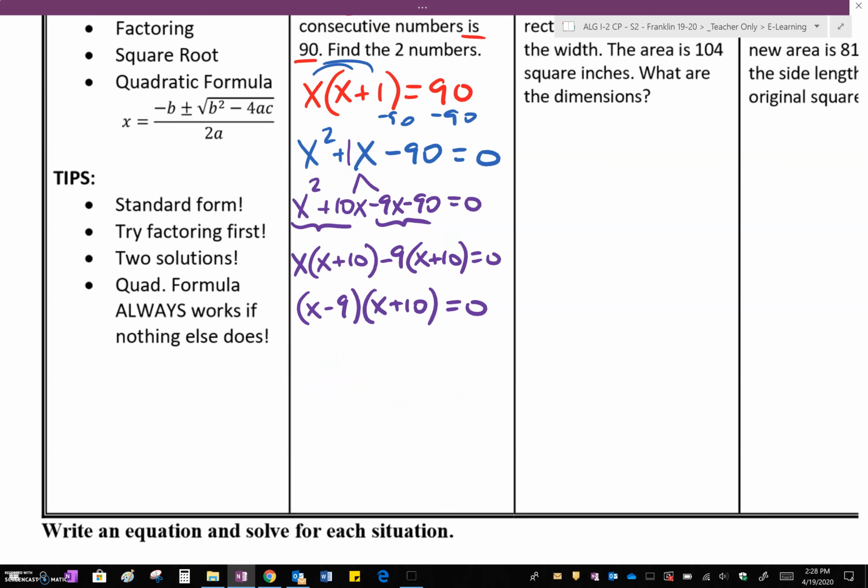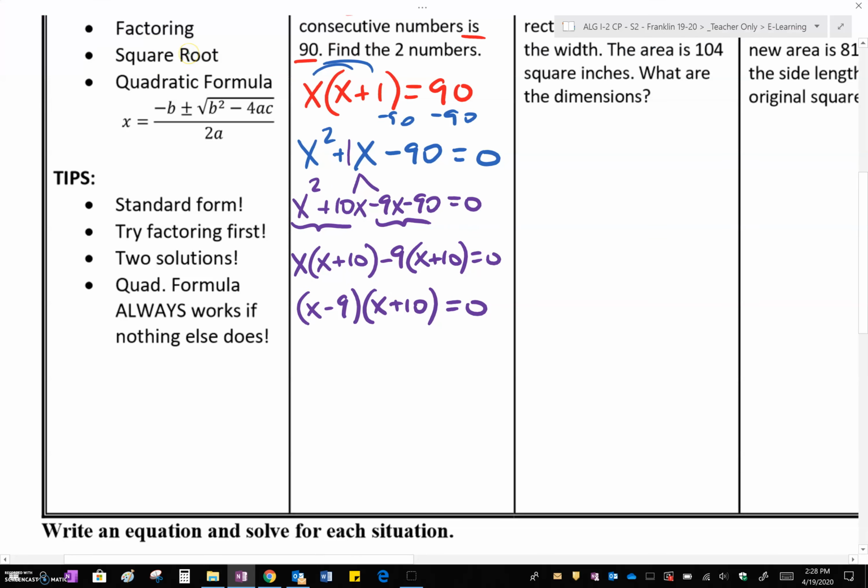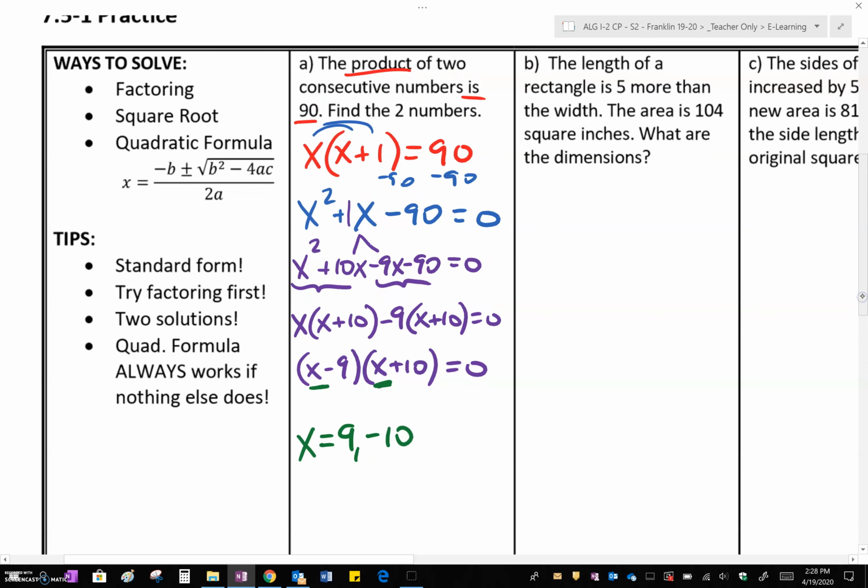And now we have to find our solutions. Well, just remember from factoring, the solutions are the numbers that go here and here that make these equal to 0. So our answers for x are 9 and negative 10. But those aren't the answers to the problem. So remember, we're looking for two numbers that are consecutive and they multiply to 90.